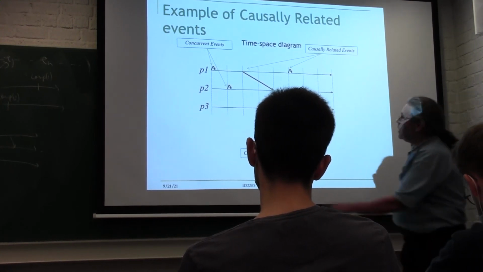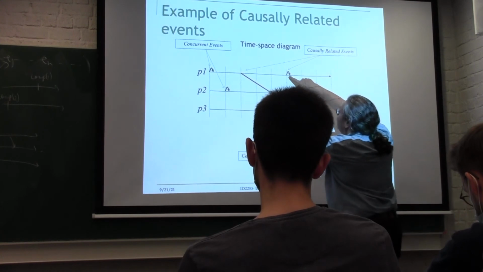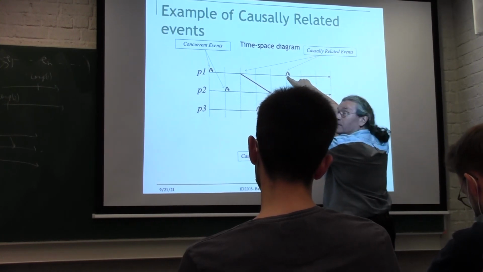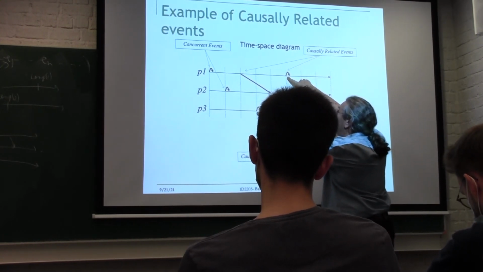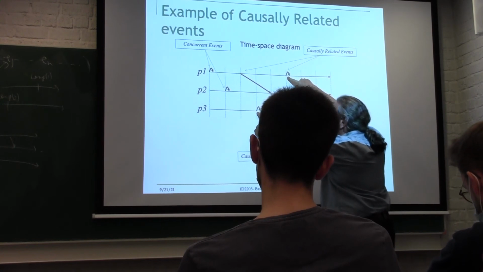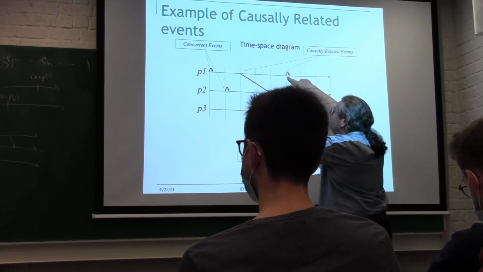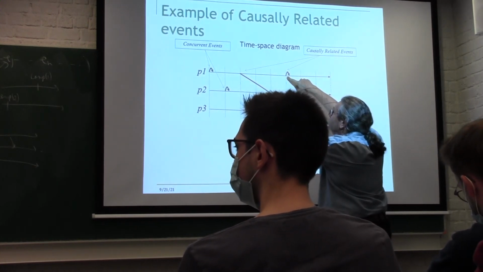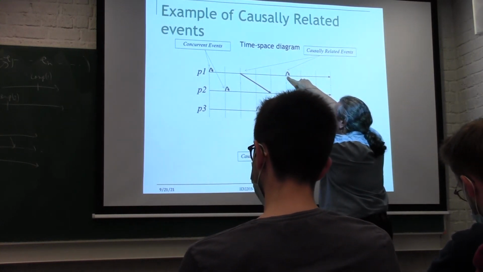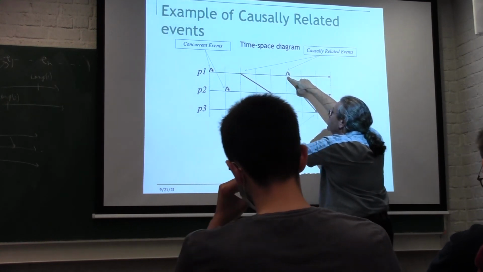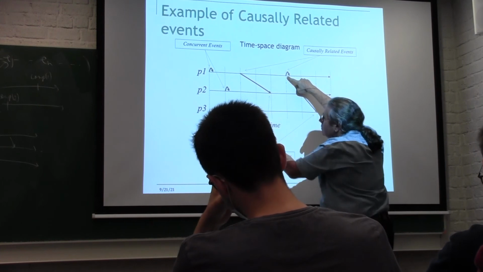Okay? So for example, this one and this one. What do you think? You tell me, are they causally connected or not? What do you say? No. No, why not? Because the step in P3, we don't have any constraints on when it happens. Yeah, okay.